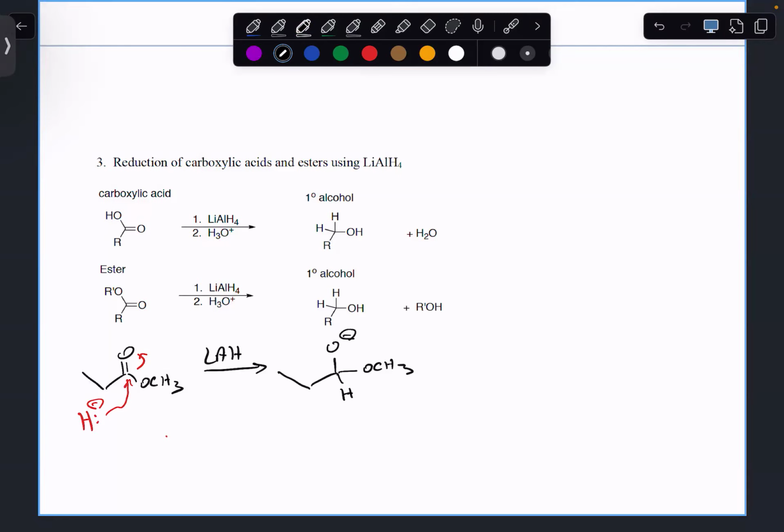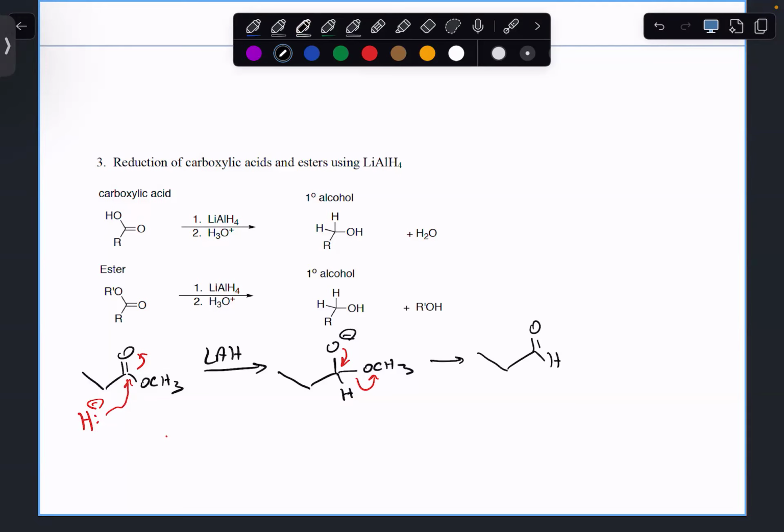And so what happens is we actually reform the carbonyl and kick out that leaving group. And that generates the aldehyde.